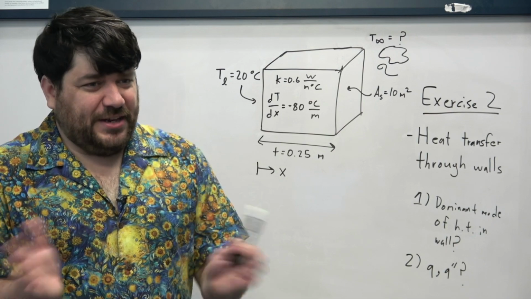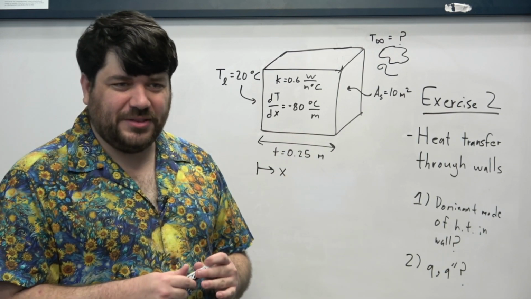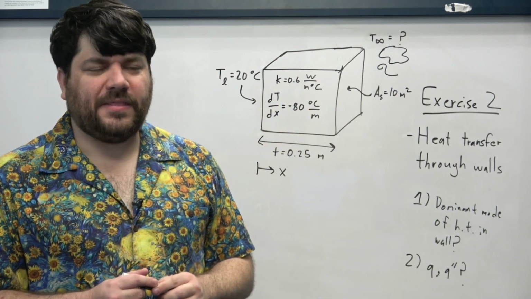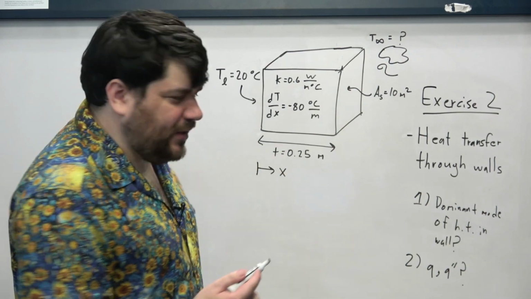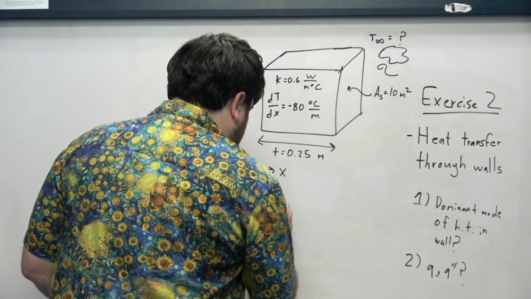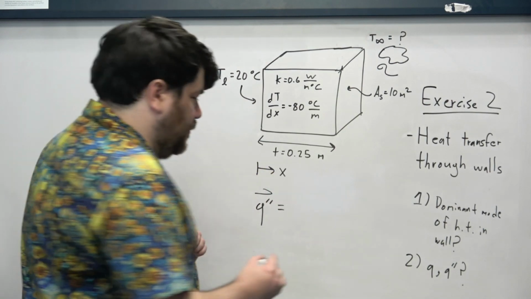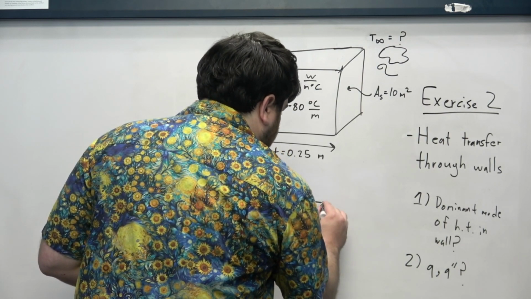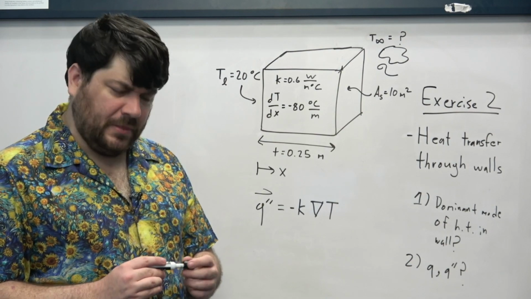So we have an equation for heat fluxes inside of walls. We're being asked to find what the heat flux is through the wall. The general equation that we had developed for this was that the heat flux vector is equal to the negative of the thermal conductivity times the temperature gradient.